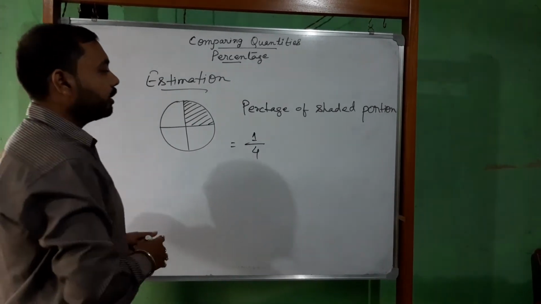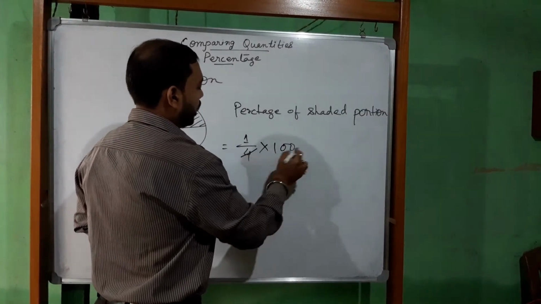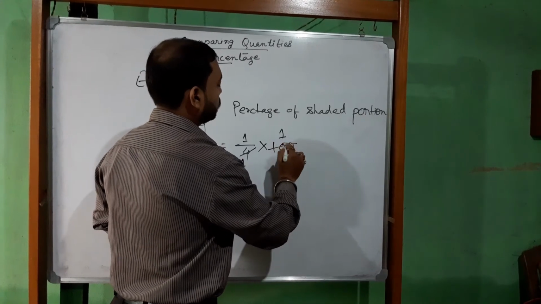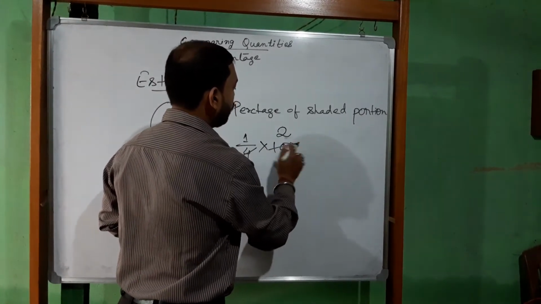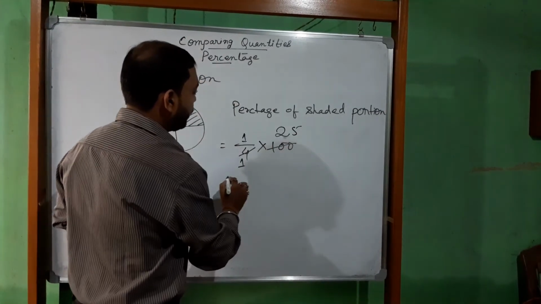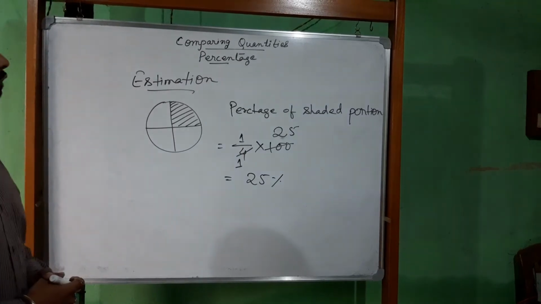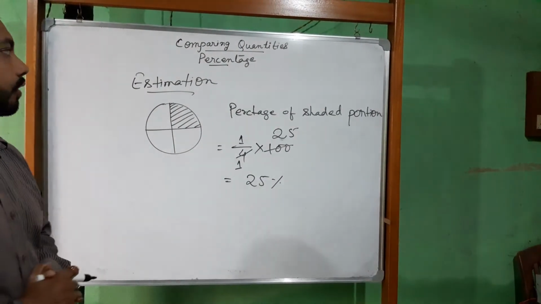Now you convert this into percentage, so into 100. Now you reduce it, 4 25s are 100. So 25 into 1, it is 25%. So in this way we can calculate the shaded portion.